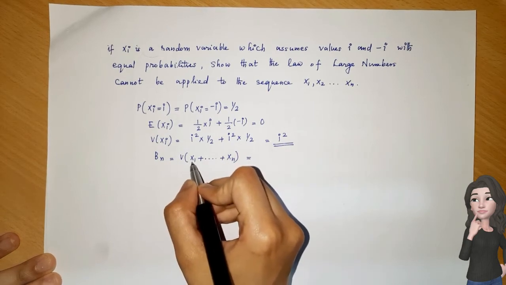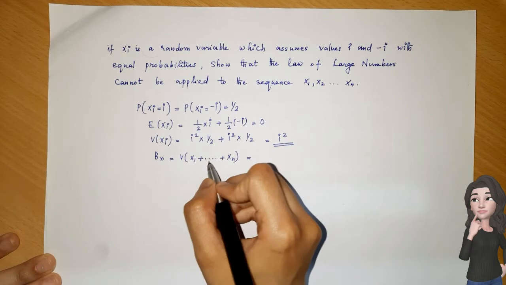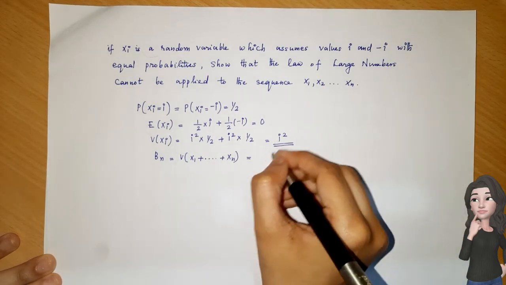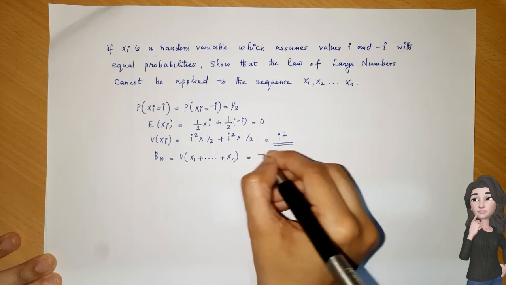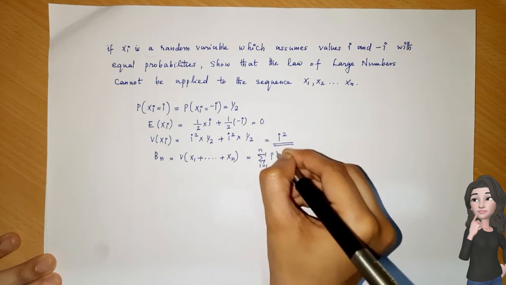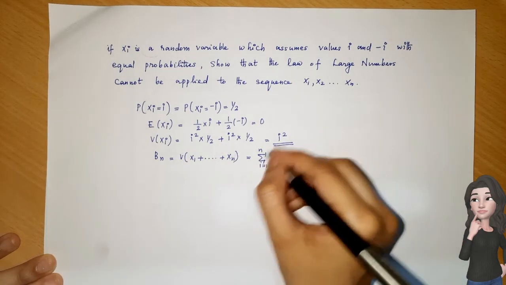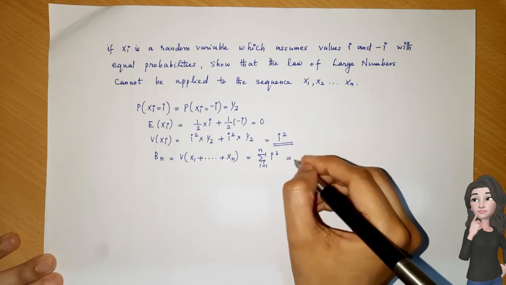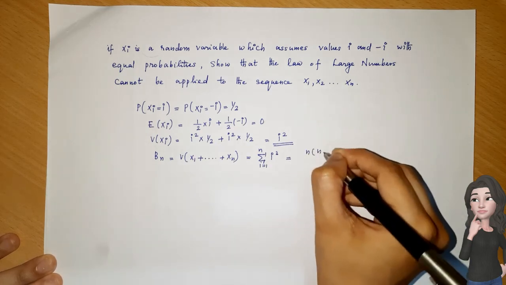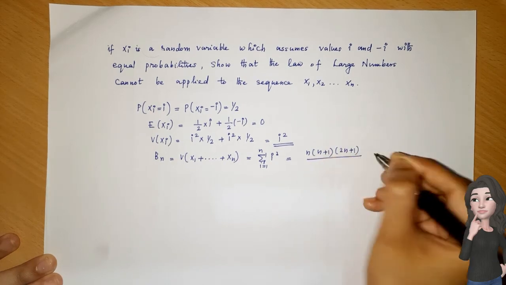So variance of X1 is 1 square, variance of X2 is 2 square, and so on. So this is equal to summation i equal to 1 to n of i square. And we know that 1 square plus 2 square plus etc. up to n square is n into n plus 1 into 2n plus 1 divided by 6.